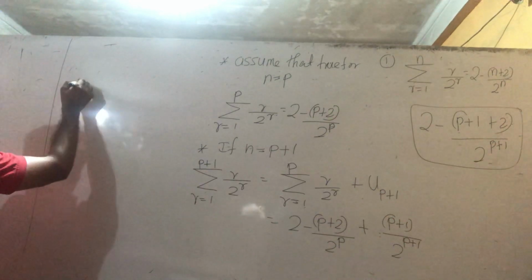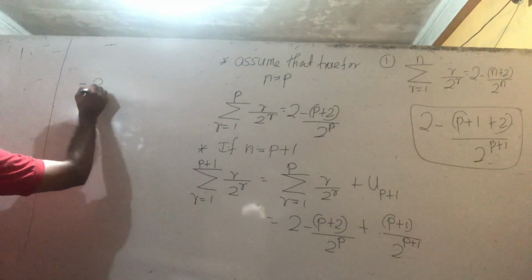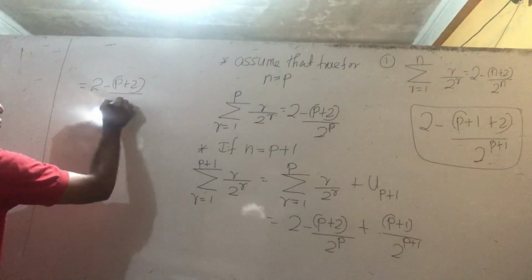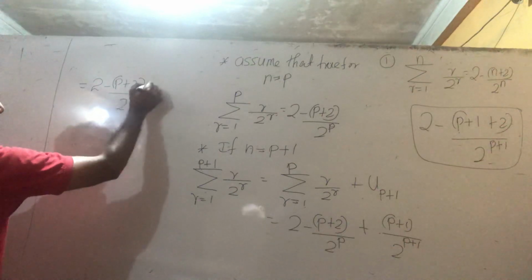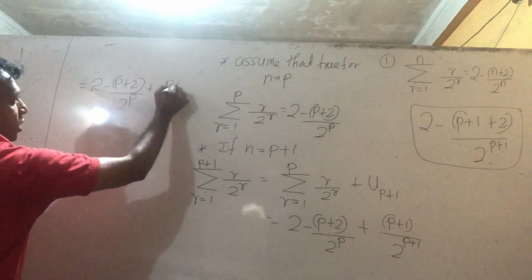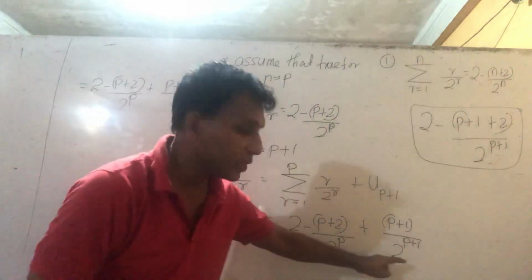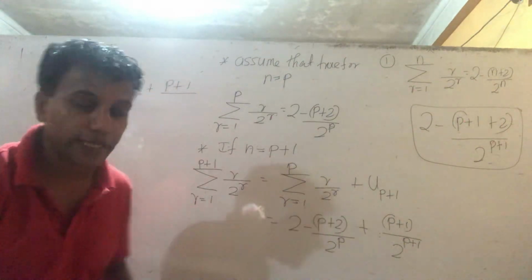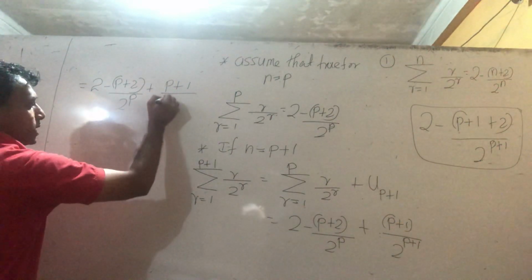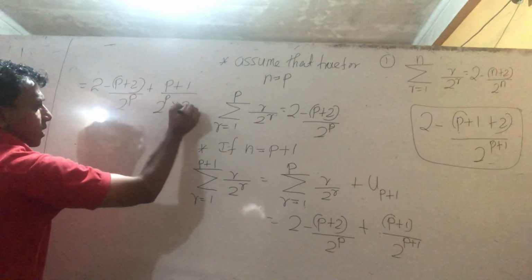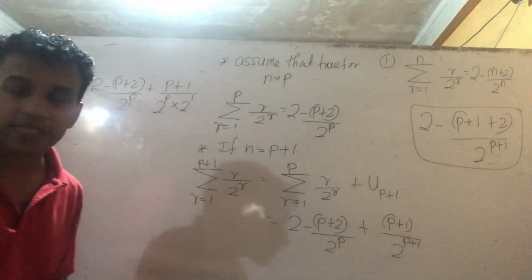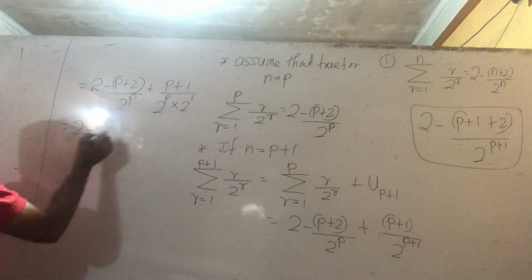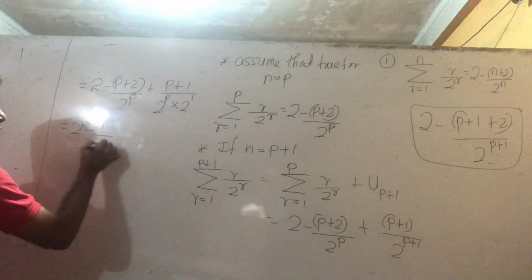That's equal to 2 minus (p plus 2) over 2 to the power p, plus (p plus 1) over 2 to the power p plus 1. Can I expand this? What about indices? 2 to the power p plus 1 is 2 to the power p into 2, because the bases are same when indices multiply. So therefore 2 minus, can I take 1 over 2 to the power p out?